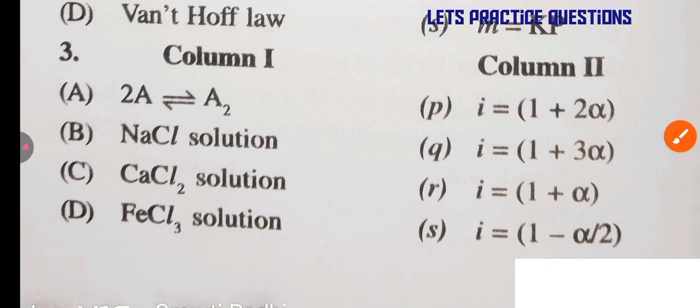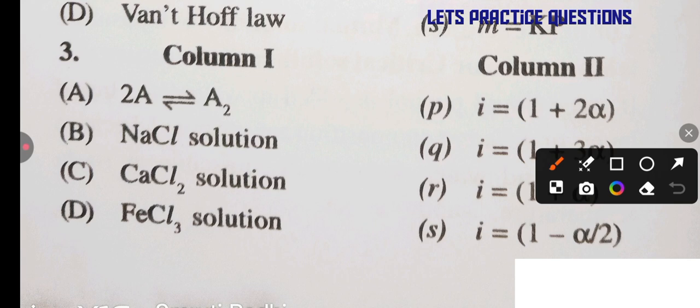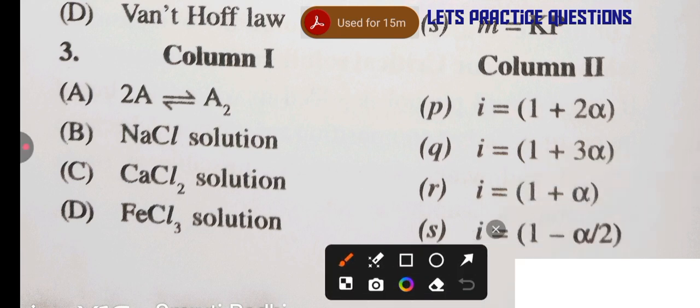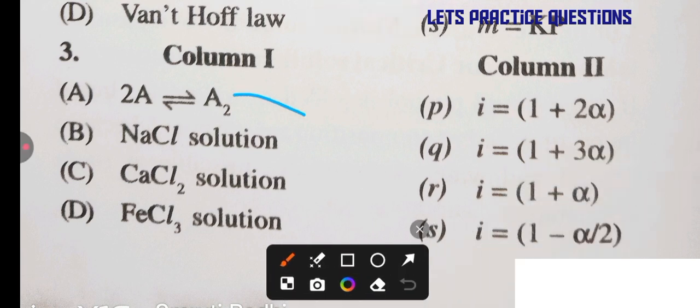If 2 moles of A forms A2, then we can write I equal to 1 minus alpha by 2. Here NaCl fully dissociates into ions, that is Na plus and Cl minus.